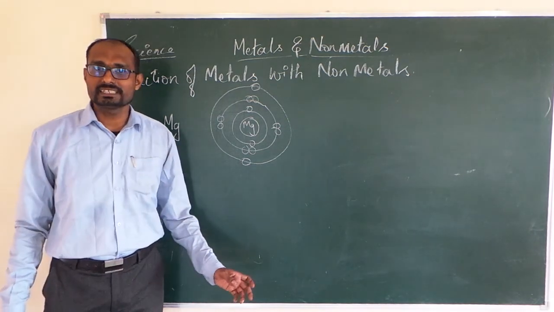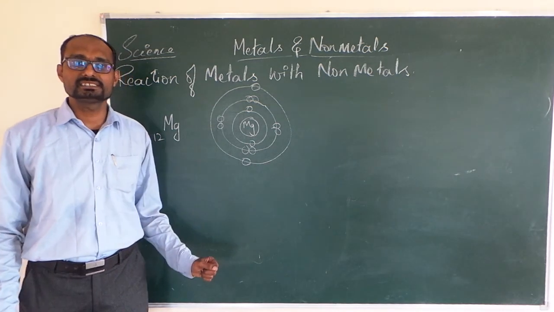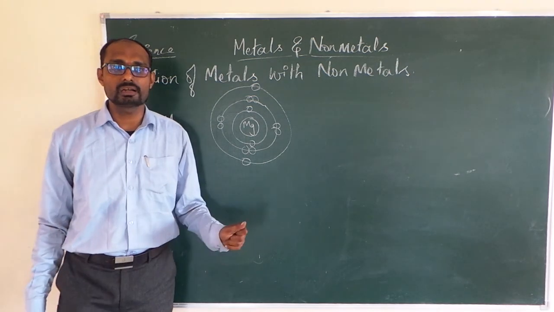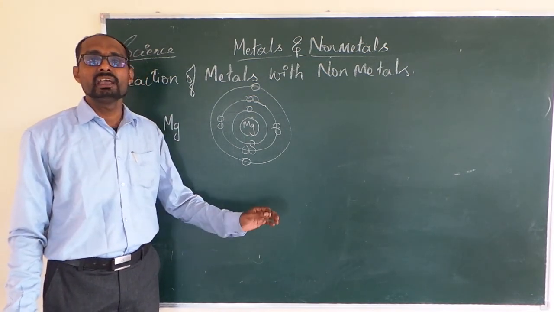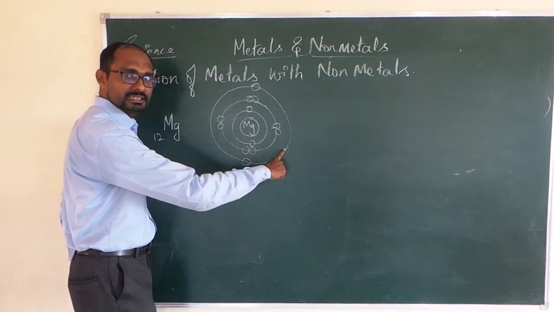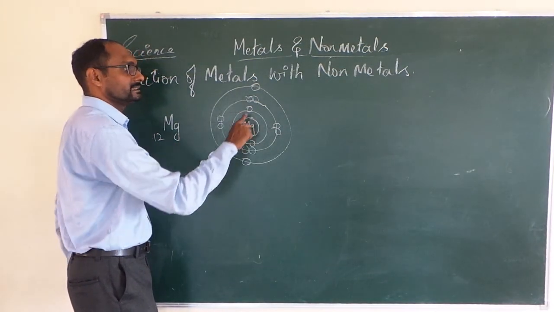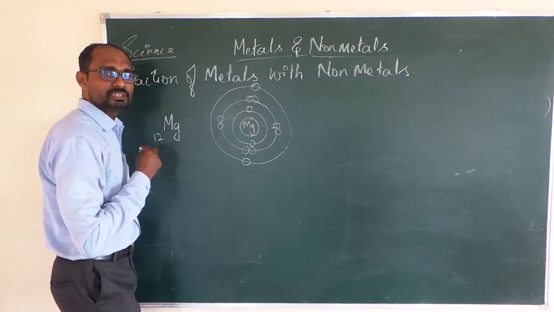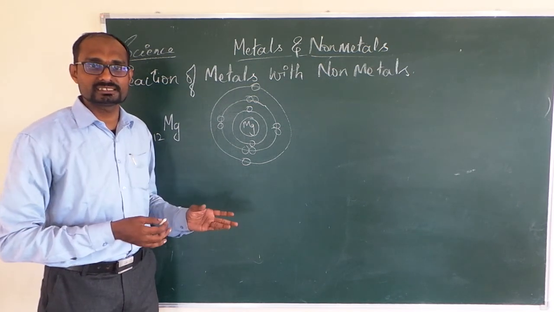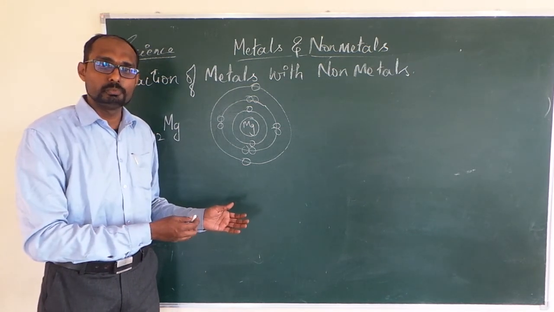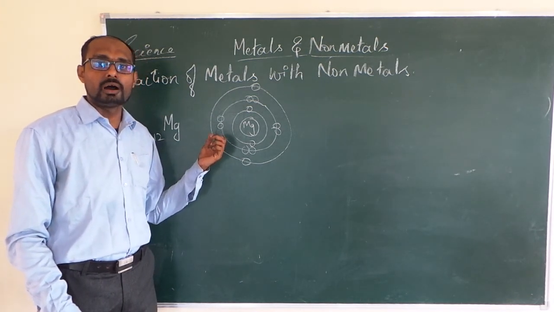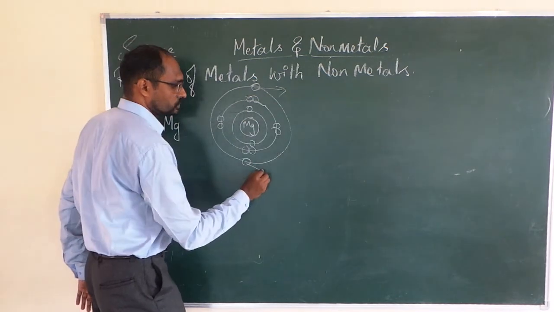Now, following the octet and duplet rule, to attain stability, an atom should have a completely filled outermost shell, or the outermost shell should have 8 electrons in it. Now, this third shell is the outermost shell and it does not have 8 electrons, it has only 2 electrons, which leaves magnesium with 2 choices. One of those being attracting another 6 electrons or losing these 2 electrons away.